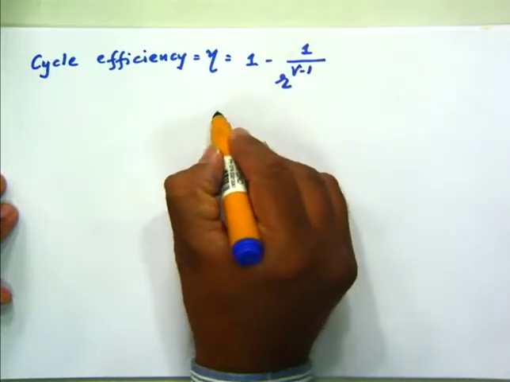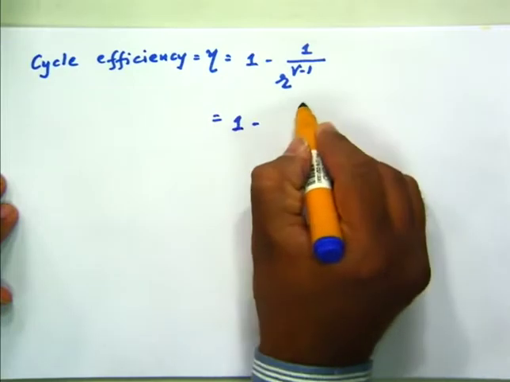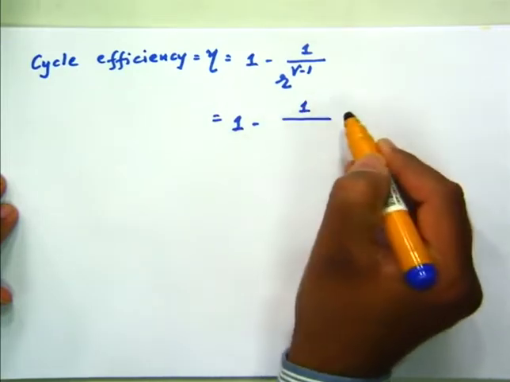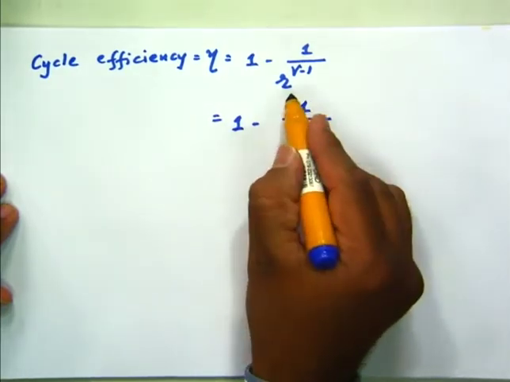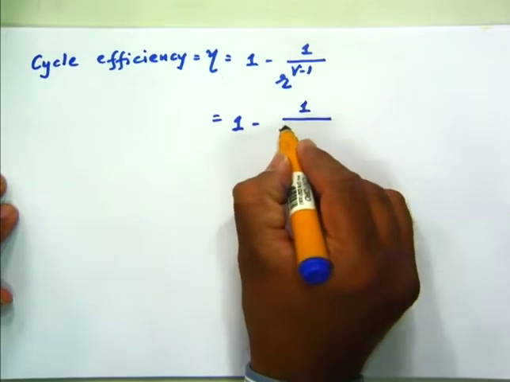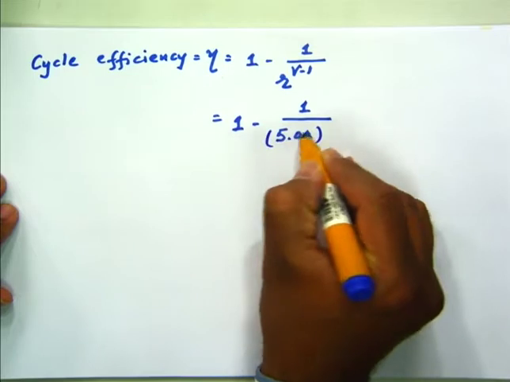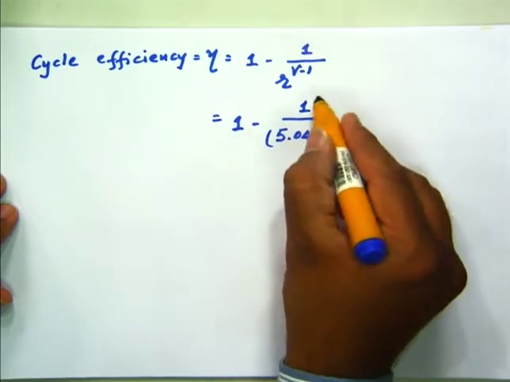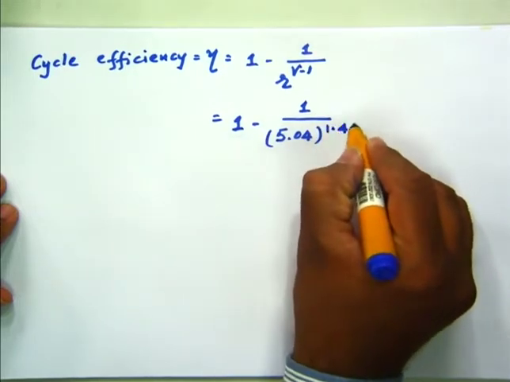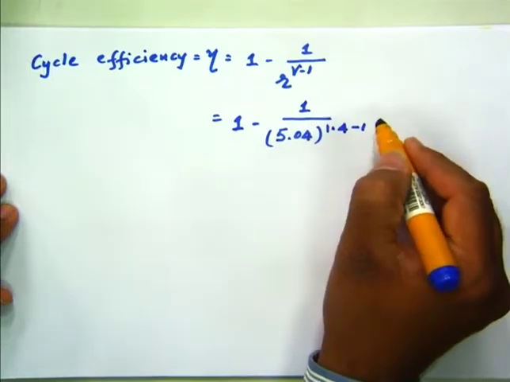So it is 1 minus 1 upon, what is R? R we have found, it is 5.04, raised to gamma 1.4 minus 1.